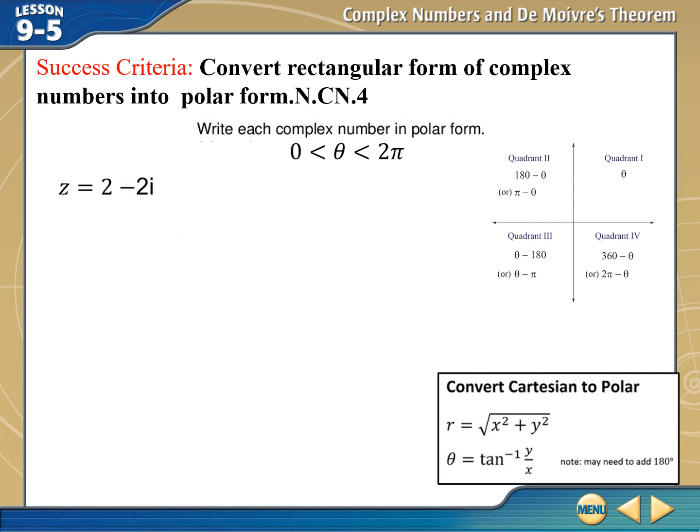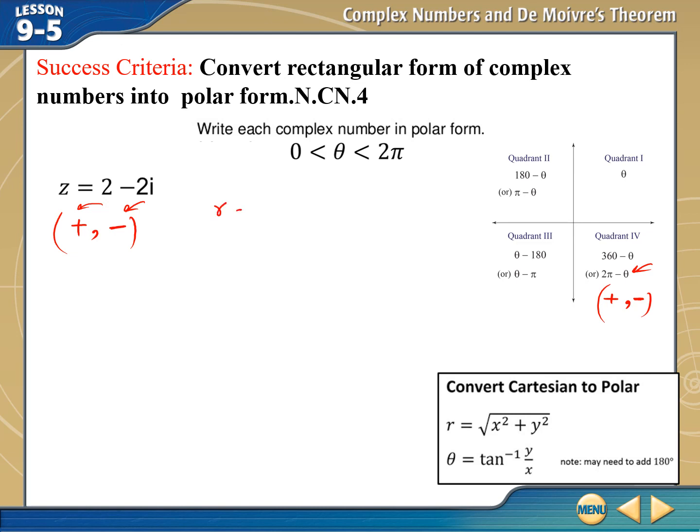Let's practice what will happen if we have a number in the fourth quadrant. So you can see the number is 2 minus 2i, where 2, the real part, is positive and the imaginary part is negative. Positive and negative lie in the fourth quadrant, where your formula is 2 pi minus theta. Now what we have to do?